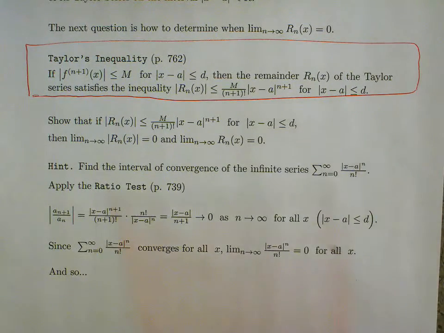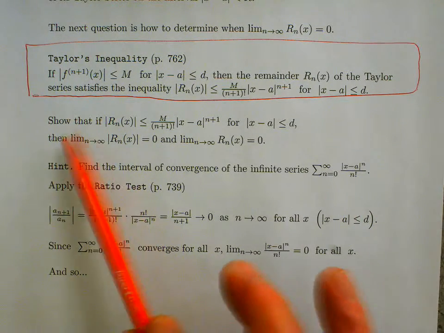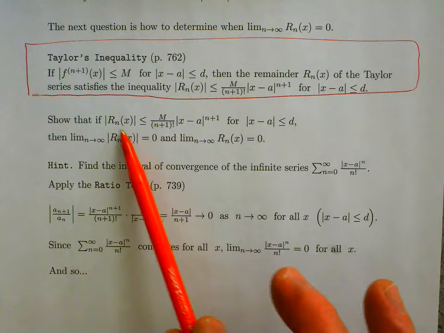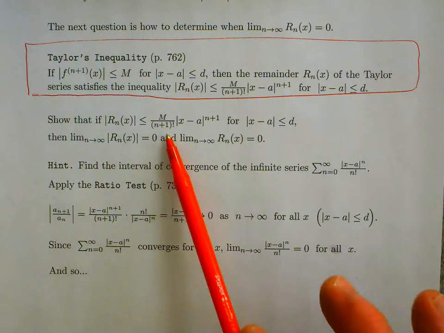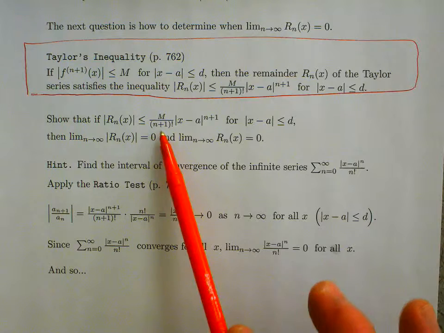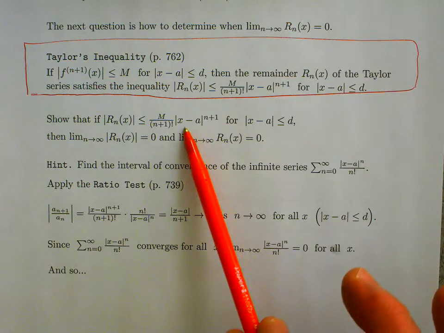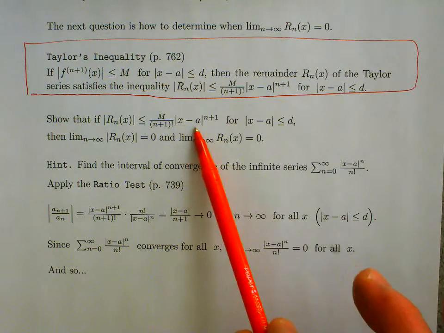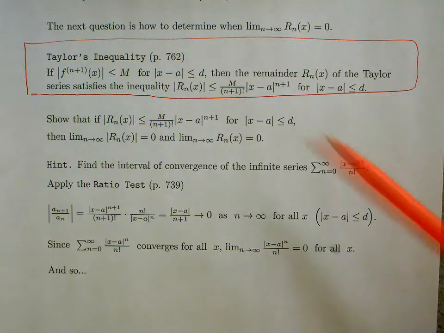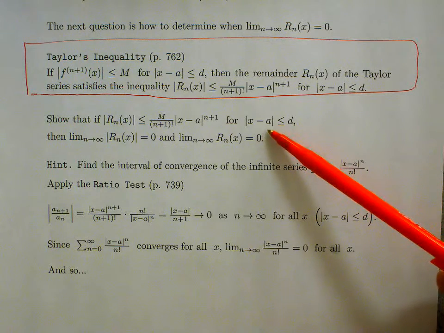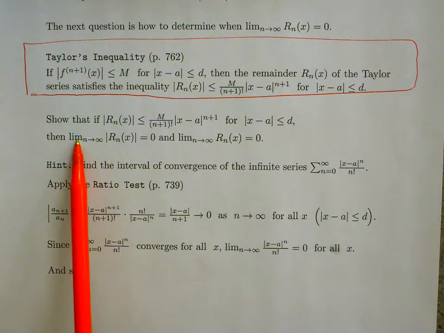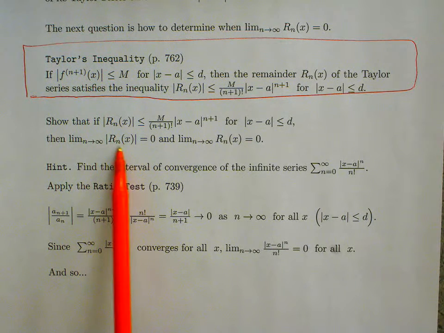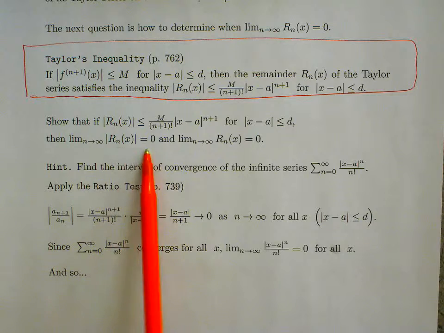Okay, so we will do a little bit here. Show that if the absolute value of r sub n of x is less than or equal to m divided by n plus 1 factorial times the absolute value of x minus a to the n plus 1, for the absolute value of x minus a less than or equal to d, show that the limit of the absolute value of r sub n of x is equal to 0.